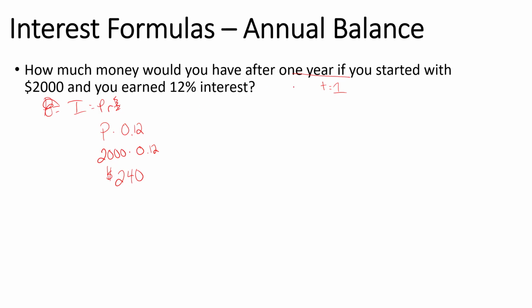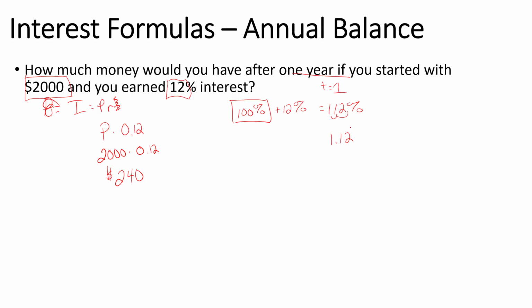Now, one of the shortcuts that you will end up working with is recognizing that 12% is the interest. 100% recognizes the amount that I've invested. 100% of that money. If I add 12% to 100%, we end up with 112%. Where we can move the decimal 2 places over, and we end up with 1.12 as a rate.